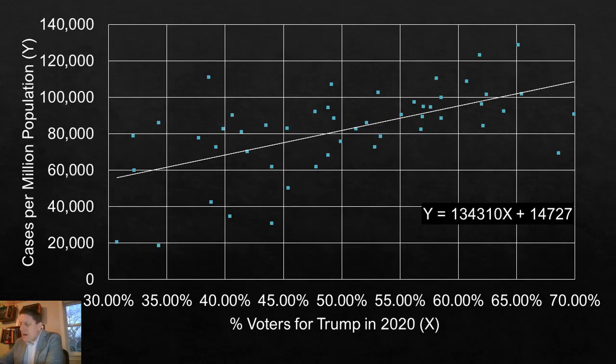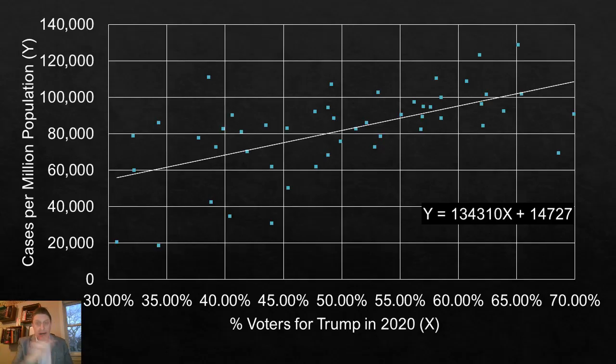And here we still do see some variation around the line, but you can see this shape that is kind of coalescing around this best fit line. A line that is, if I have my figures correctly here, y equals 134,310x plus 14,727.